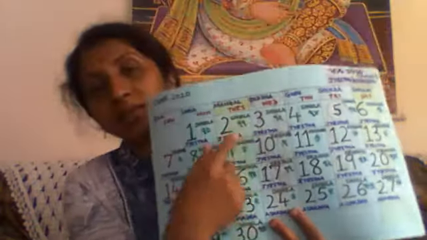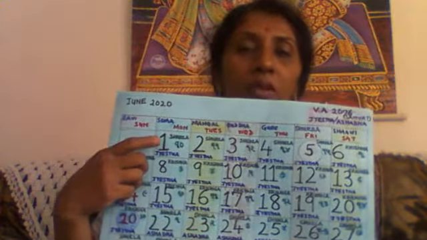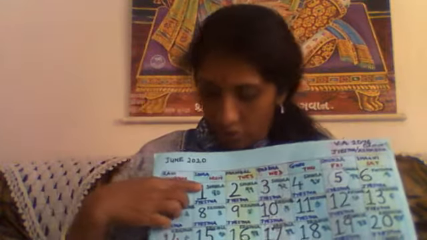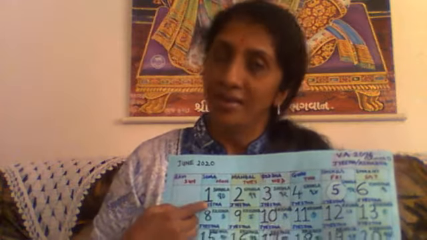Now, if you look at this, the first day is the 10th. Here it's written Jyesht, then Shukla, then I've written 10. So the 1st of June, we started with Shukla 10, which is Dashmi, and the Hindu month is Jyesht. So we read it as Jyesht, Shukla, Dashmi.